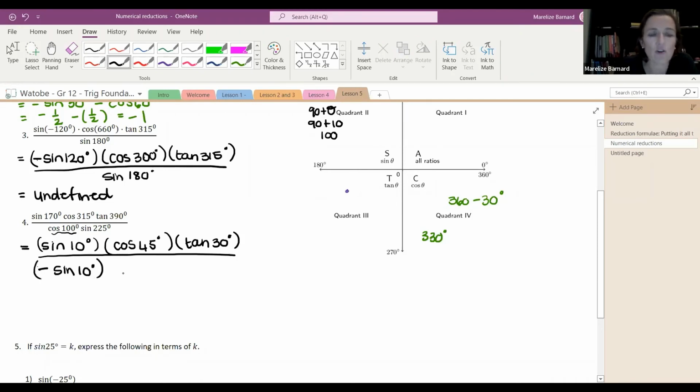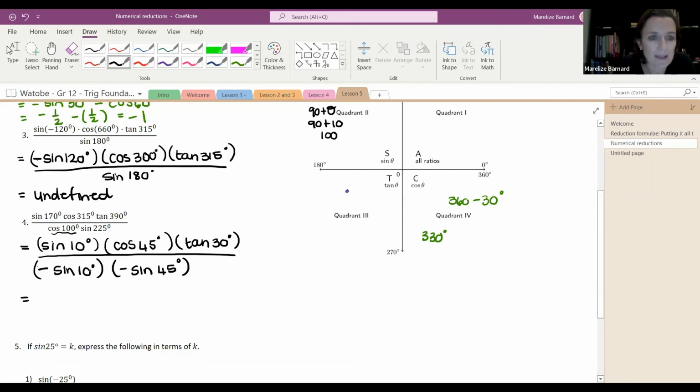And now it's making a lot more sense because we're going to end up cancelling those out. And then sine of 225, that's in the third quadrant, so that's negative sine 45 degrees.